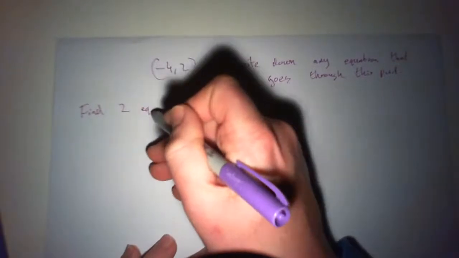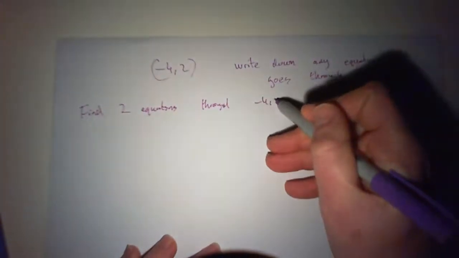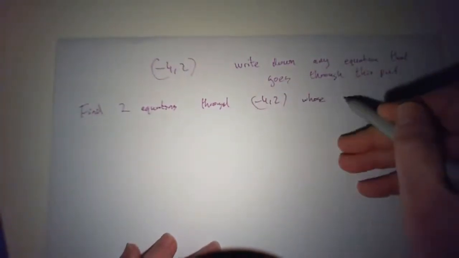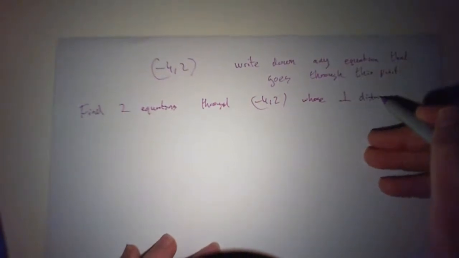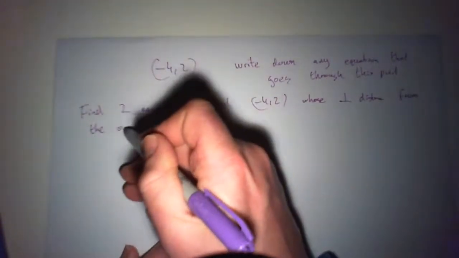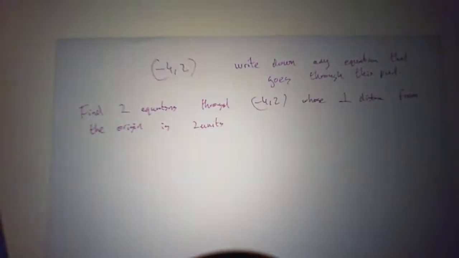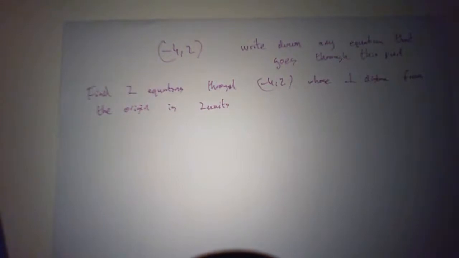And then we're going to find two equations through -4 and 2 whose perpendicular distance from the origin is 2 units. Ooh, okay, this one's a bit tougher. It's a bit more of a mouthful. So I'm going to give it a count of 3 and give it your best shot, and then we'll do it together. Okay? Right, 3, 2, 1, go.